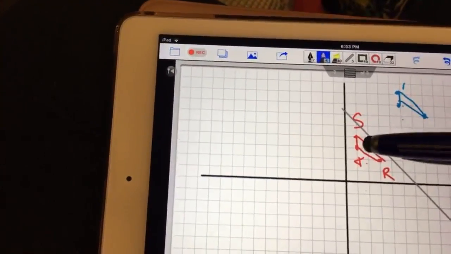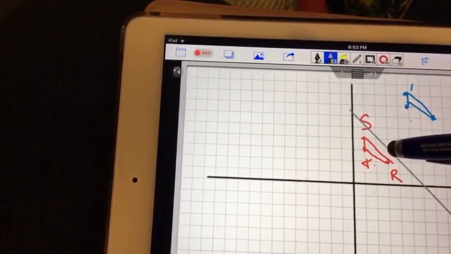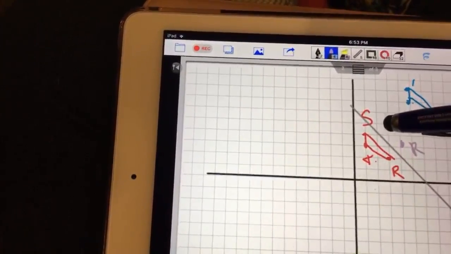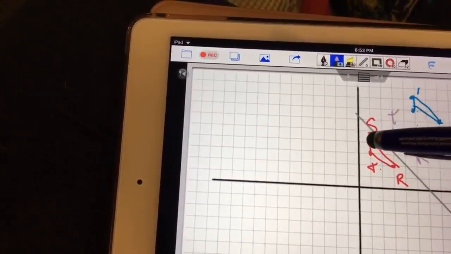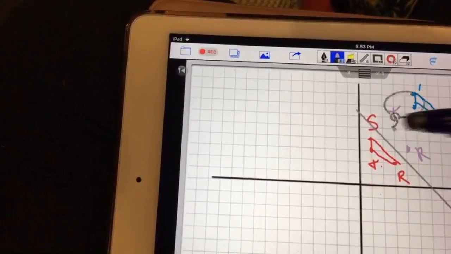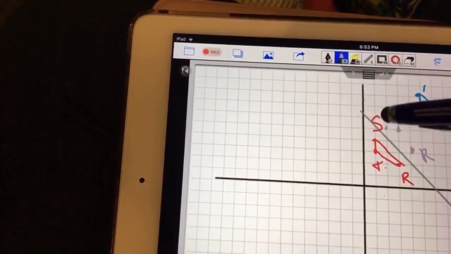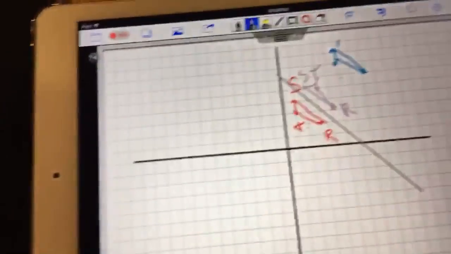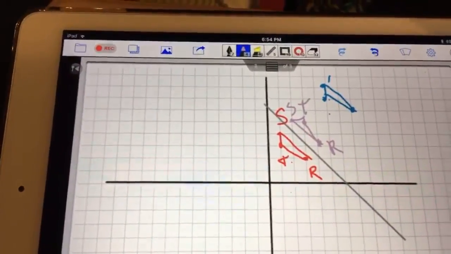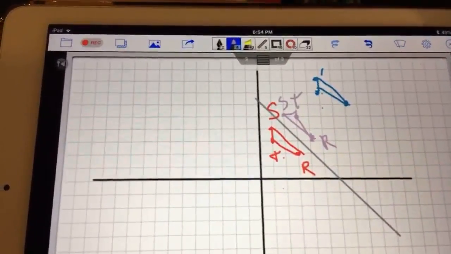That's R. Two to the right, two up, that's T. One to the right, one up, that's S. My drawing's terrible, but do you guys see that that's a reflection?